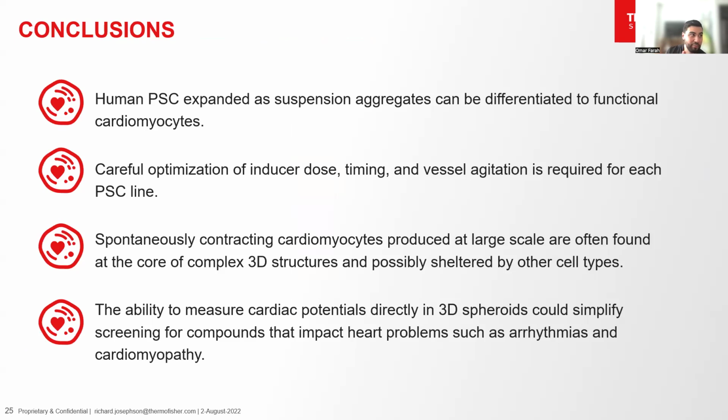And so with that, I'll stop there. But just as a conclusion before I pass it on to April, we can take these cells from either 2D or 3D and differentiate them into cardiomyocytes specifically here.